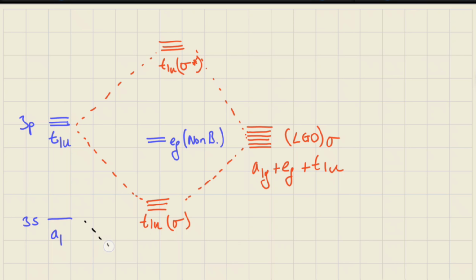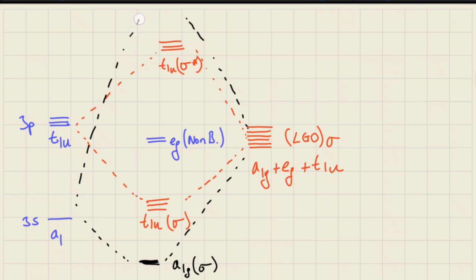The A1g splitting should be very, very high, since the energy difference is high. So we have A1g here. This is again a sigma interaction, and we have A1g star around here, which is antibonding, but I want to write it as sigma star. Okay, this is sigma star, and this is our molecular orbital diagram for sulfur hexafluoride.